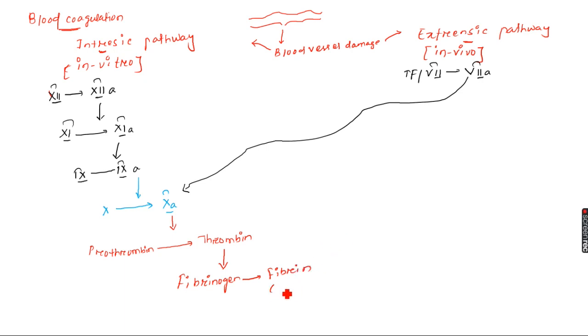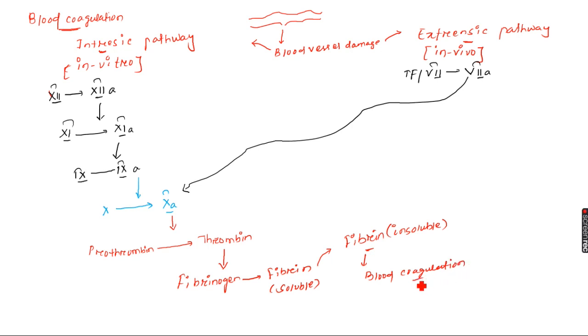This fibrin is in soluble form, which is then converted to insoluble fibrin, and this insoluble form helps in the blood coagulation process.